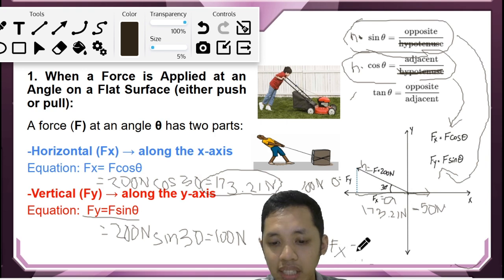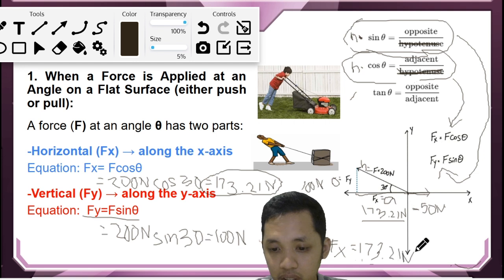Earlier we already got its value, which is 173.21 newtons.